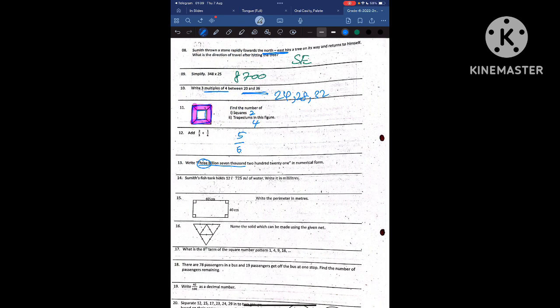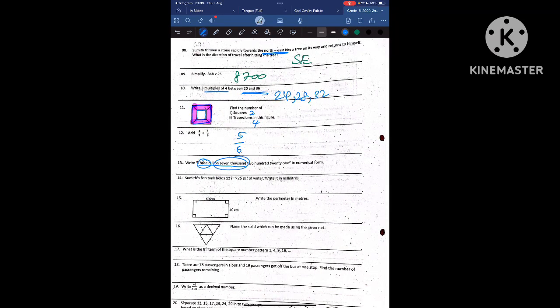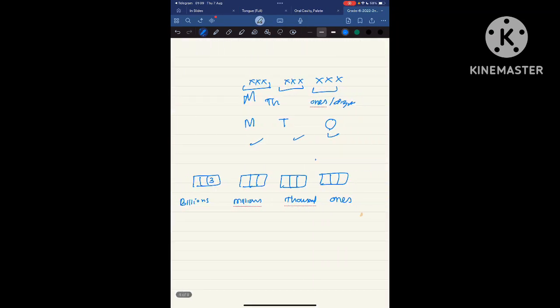Then 7,000. In the thousands, you have to just write the 7, because it says 7,000. If I write the 7 in the next column, it is 70,000.